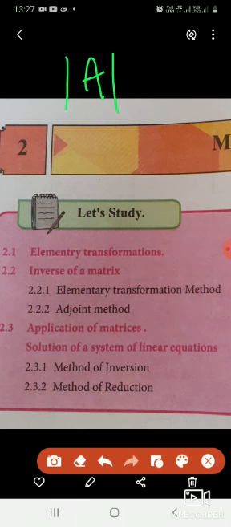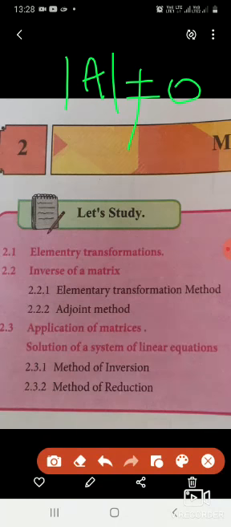That means we have to decide whether the given matrix is singular or non-singular. If the determinant of a matrix is equal to 0, then it is called singular. If it is not equal to 0, then the matrix is called non-singular. In a singular matrix, the inverse will not exist. So to find the inverse, the first step is that it should be a non-singular matrix.